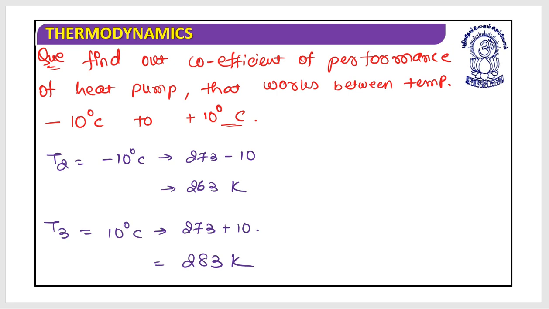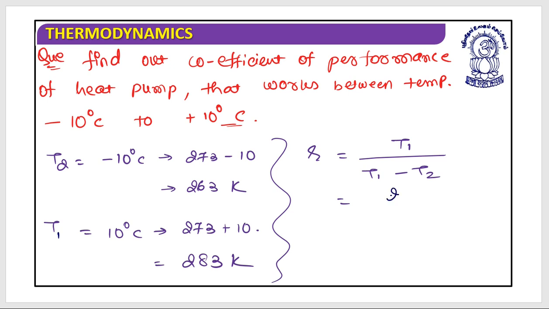So for the coefficient of performance of heat pump, this r is equal to T1 divided by T1 minus T2.